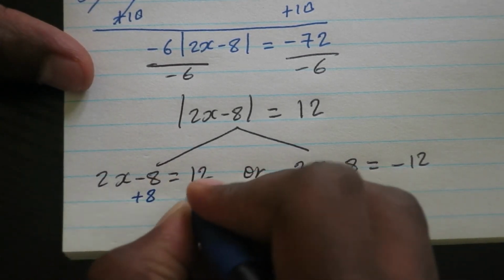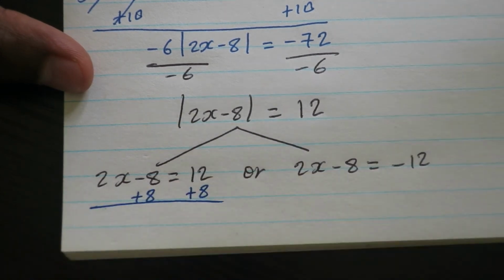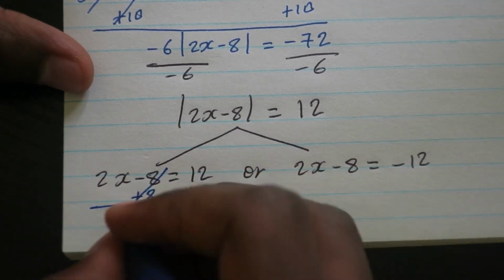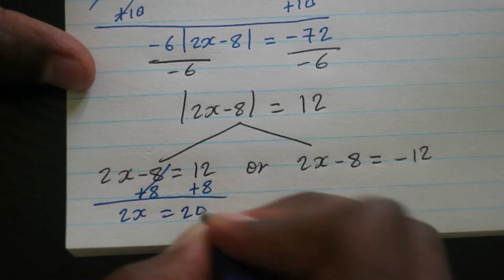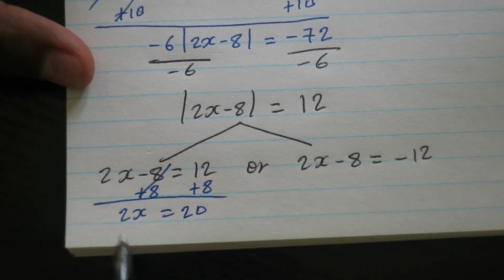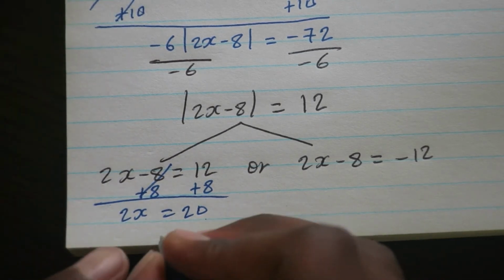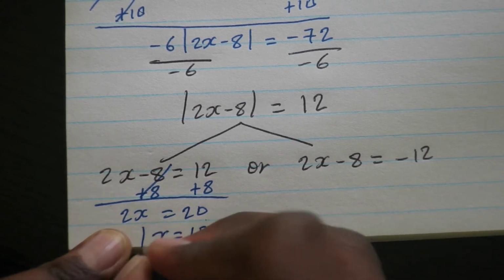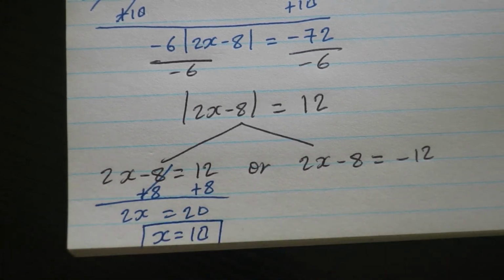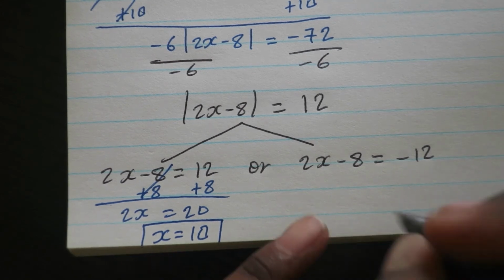Plus 8, plus 8, 2x equals 20. Now divide this by 2, divide that by 2, that should give you x equals 10 as your solution. So one of the solutions is x equals 10.